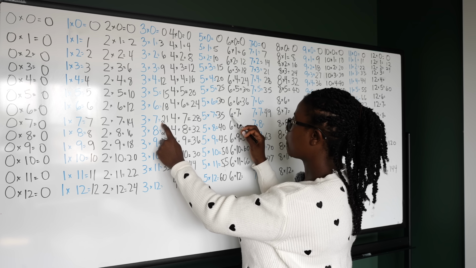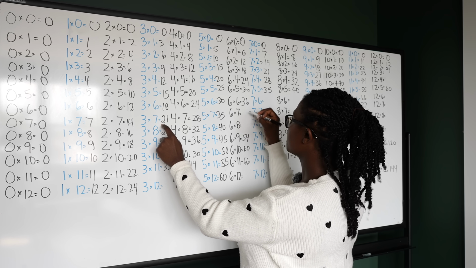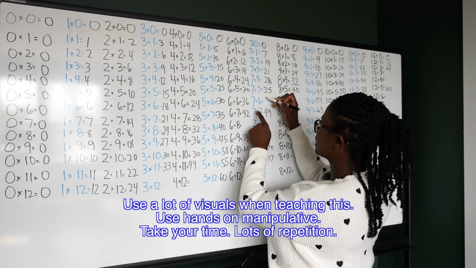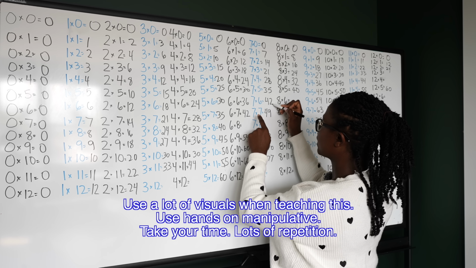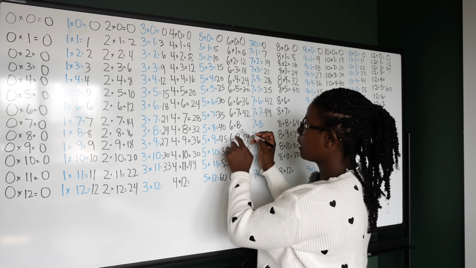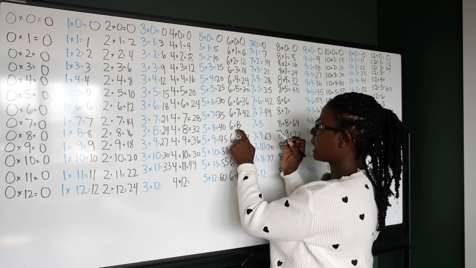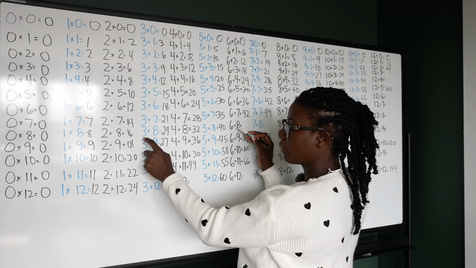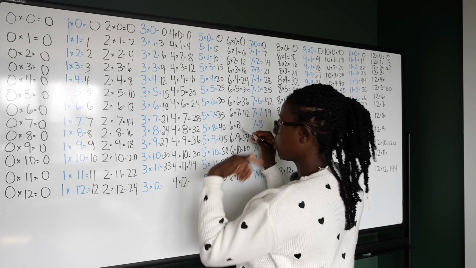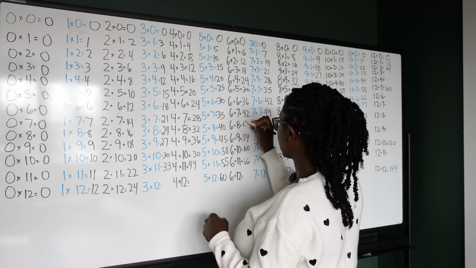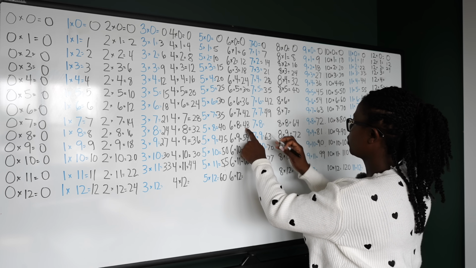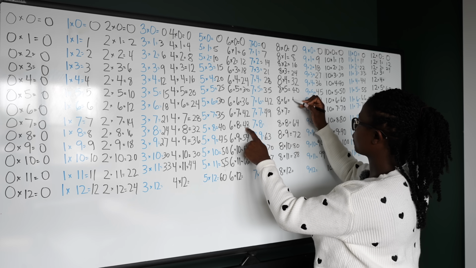So if we double that, 6 times 7 is 42, which means 7 times 6 is also 42 because of the commutative property. And if we want to know what 6 times 8 is, we just look at what 3 times 8 is. 3 times 8 is 24. We double that to get 48. And we know 6 times 8 is 48, so 8 times 6 is 48.